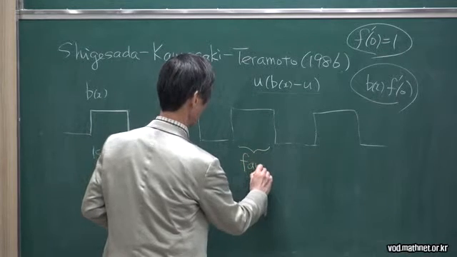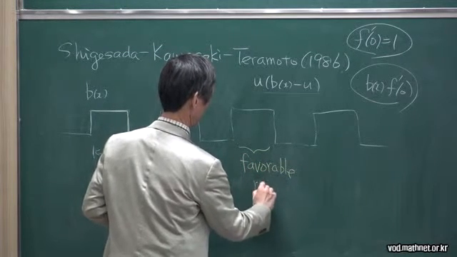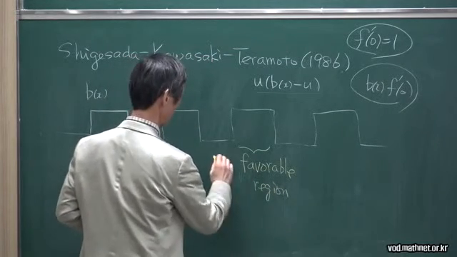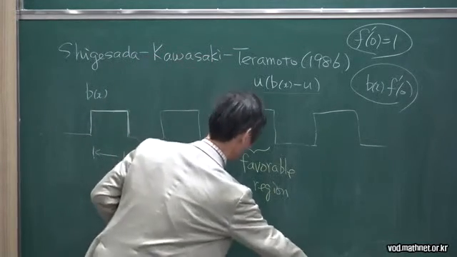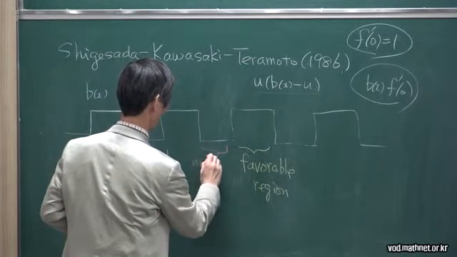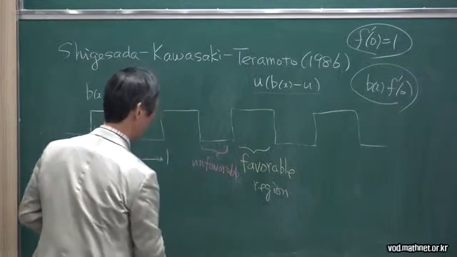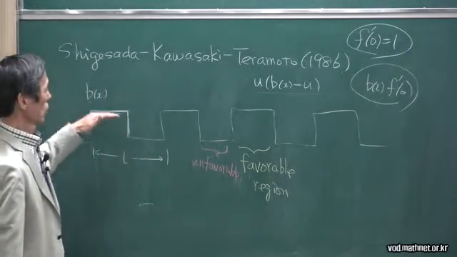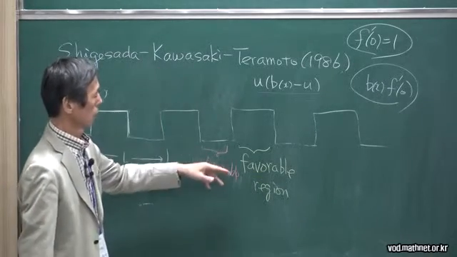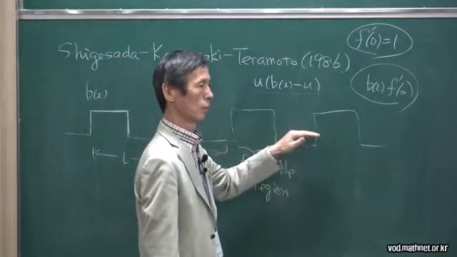This is a favorable region for the species, and this is unfavorable. So suppose that these favorable and unfavorable regions appear alternately, periodically.